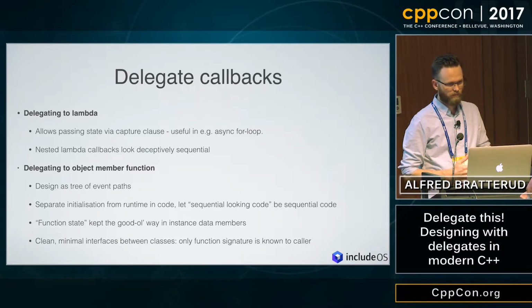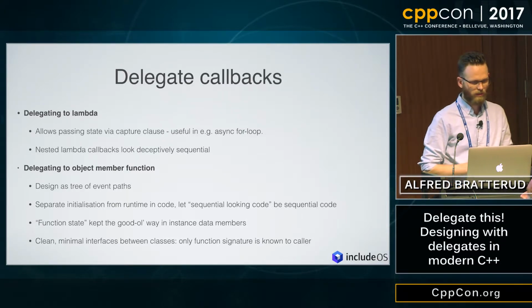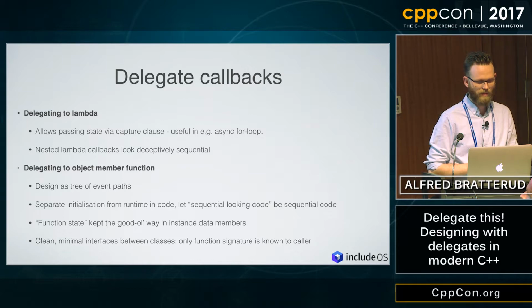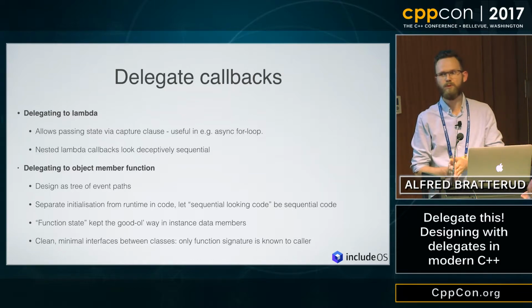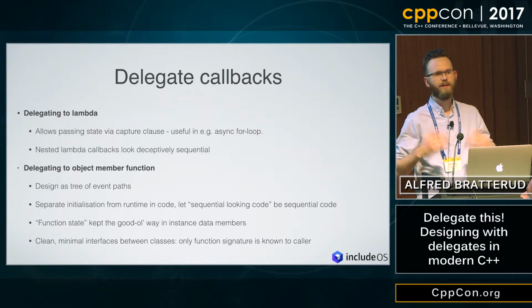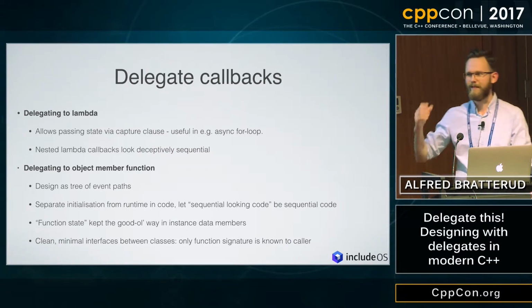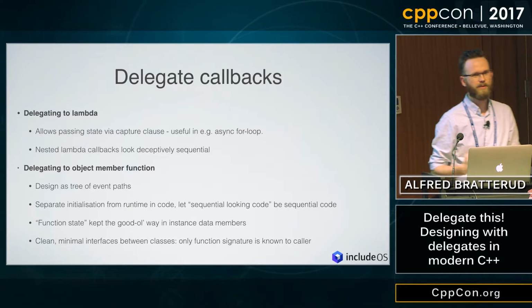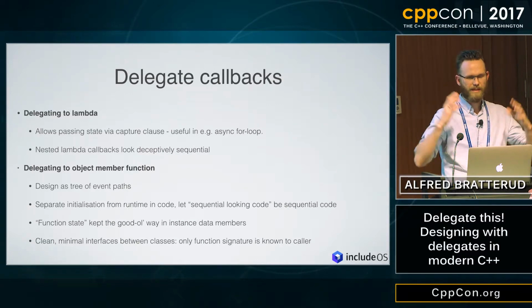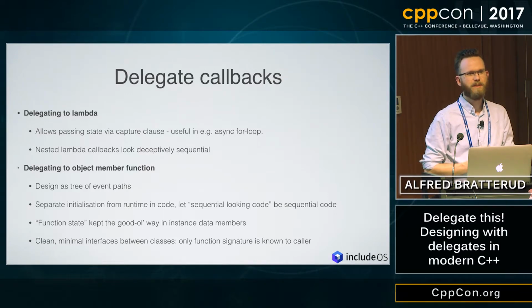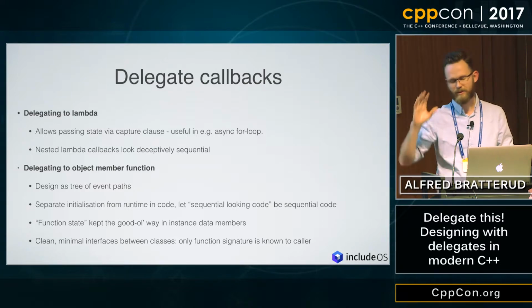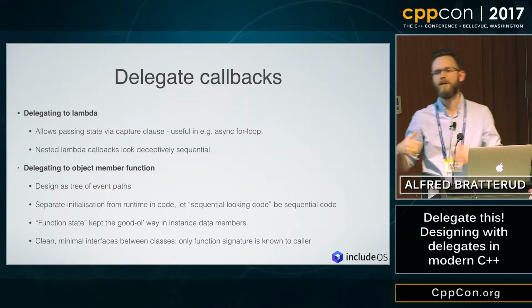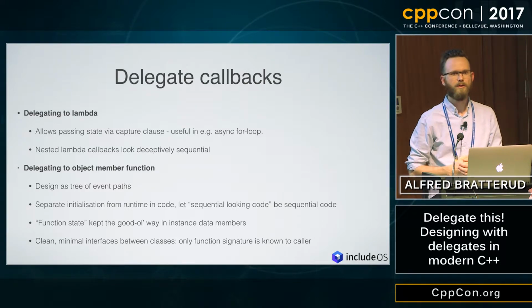So some observations: delegating to a lambda allows you to pass state via capture clauses, which is what we used in the async for loop. I don't think I was able to explain all the details in that async for loop, but it's not actually the purpose of the talk, but you can take a look. The point was that using lambdas inside of lambdas is not the easy or intuitive way to program.